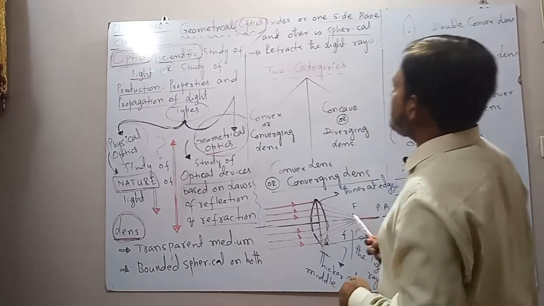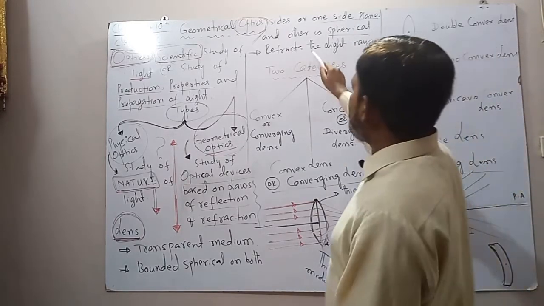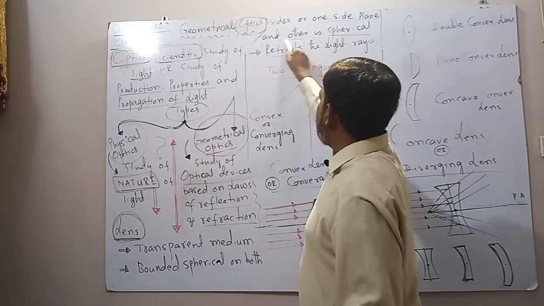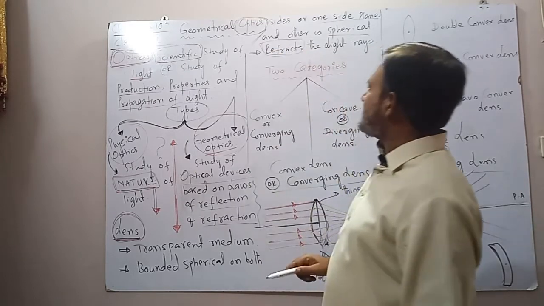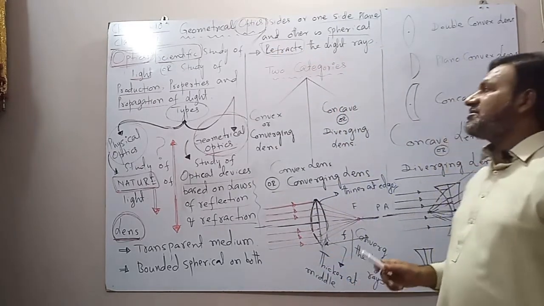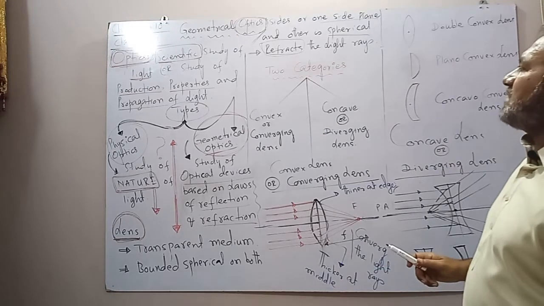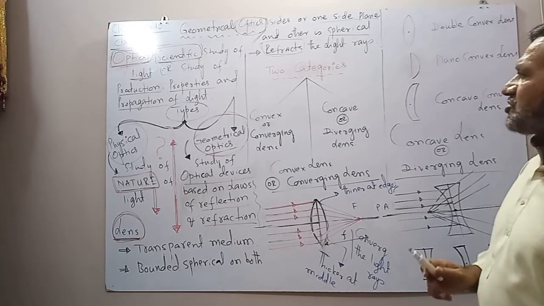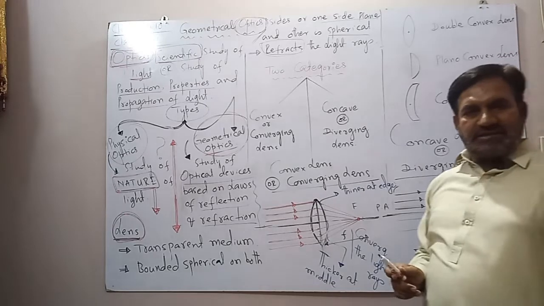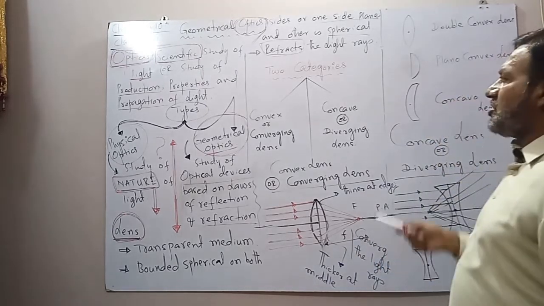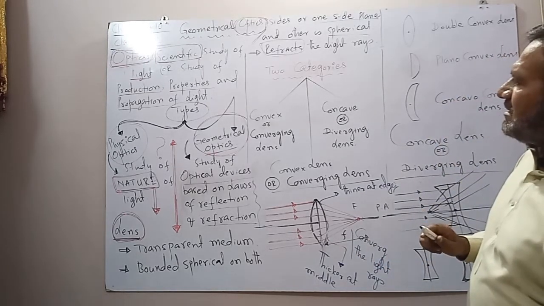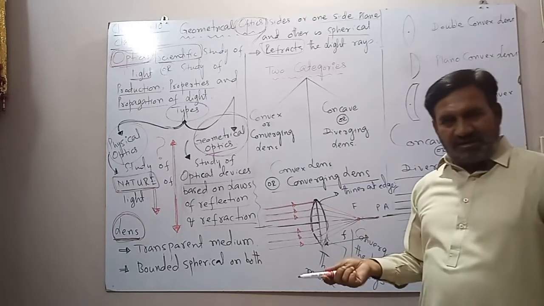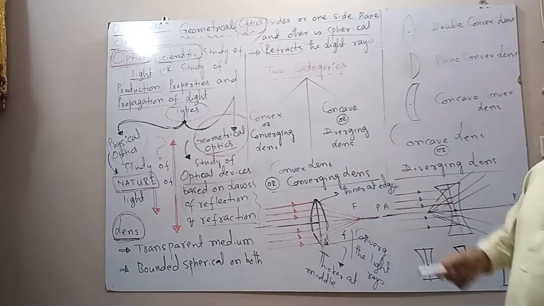And the lens always refracts the light. It focuses the transmitted light rays. Lenses are used for the refraction of light, and mirrors are used for the reflection of light.